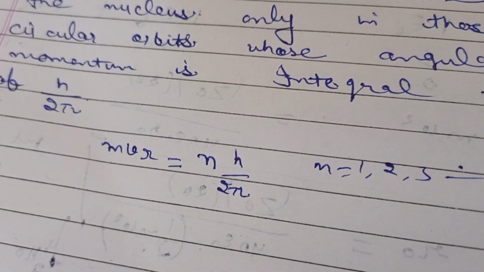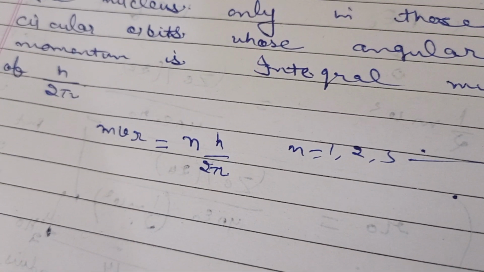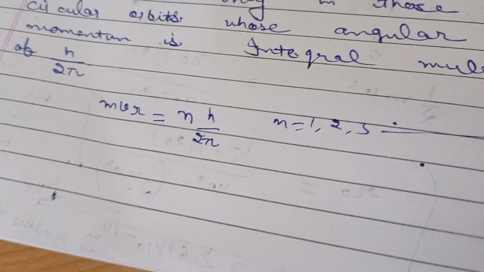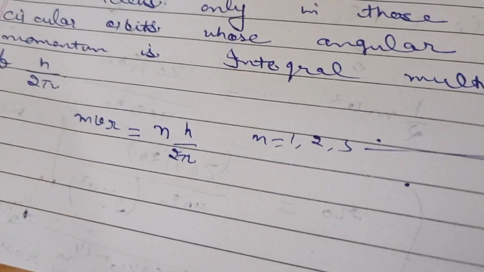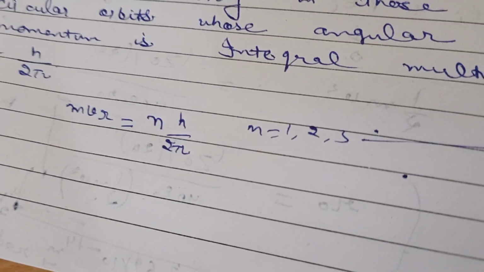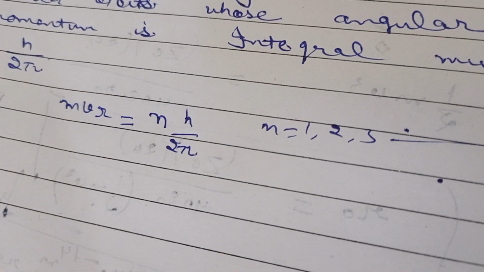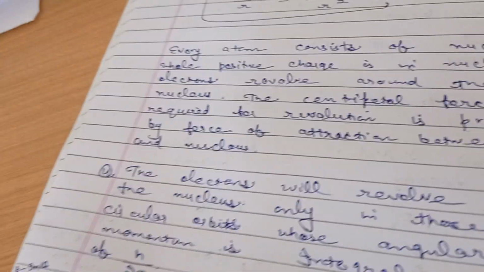It was the limitation of the Rutherford model, students, because Rutherford said that an electron can revolve in any orbit. And the limitation was that if an electron is revolving in any possible circular orbit, then it will lose energy and automatically move to the nucleus, and there will be no stability of the atom.